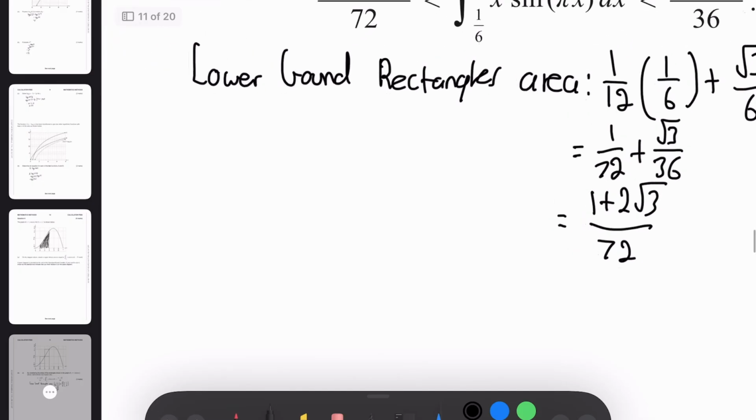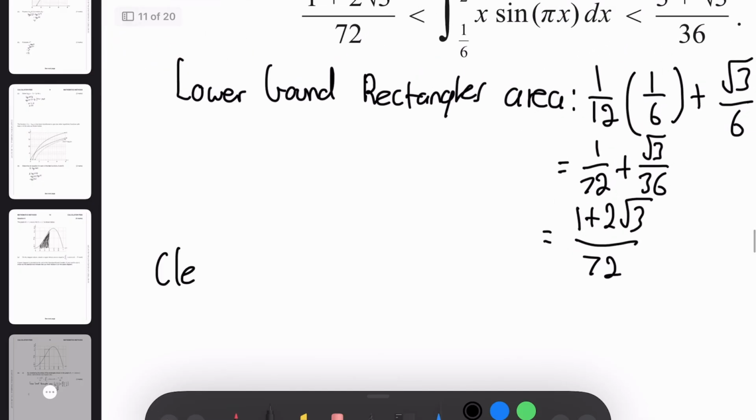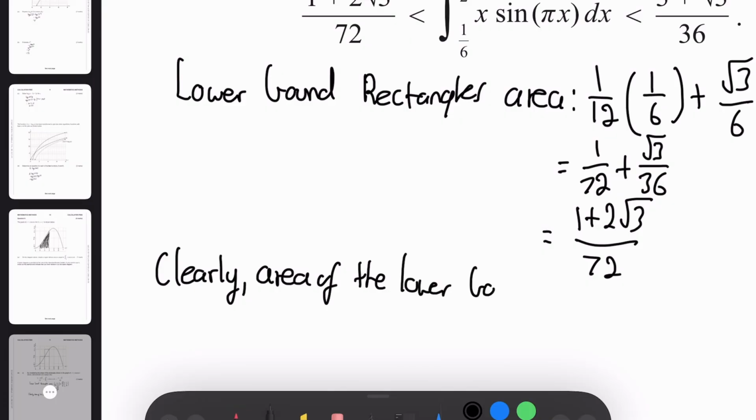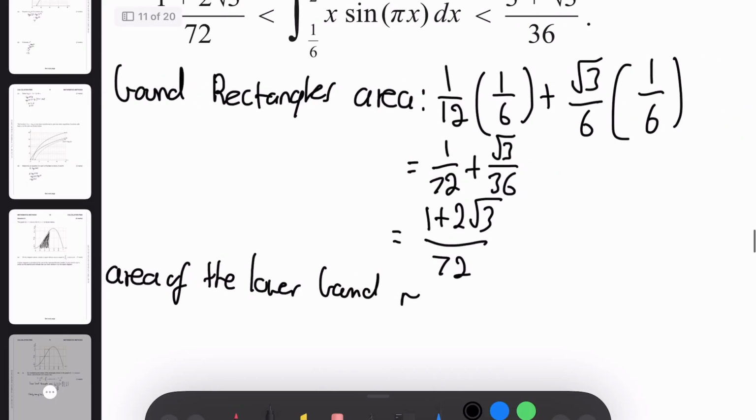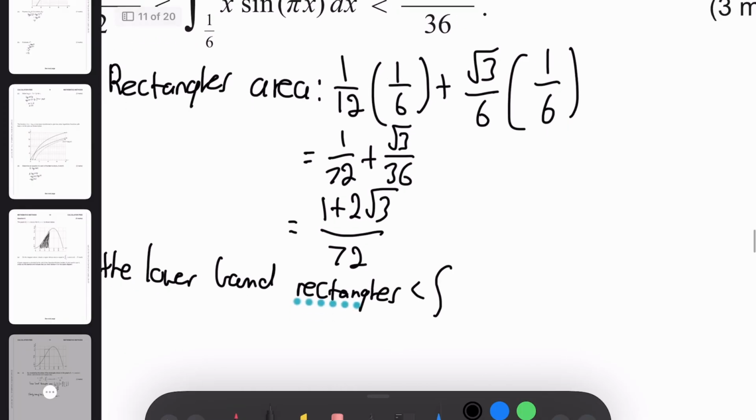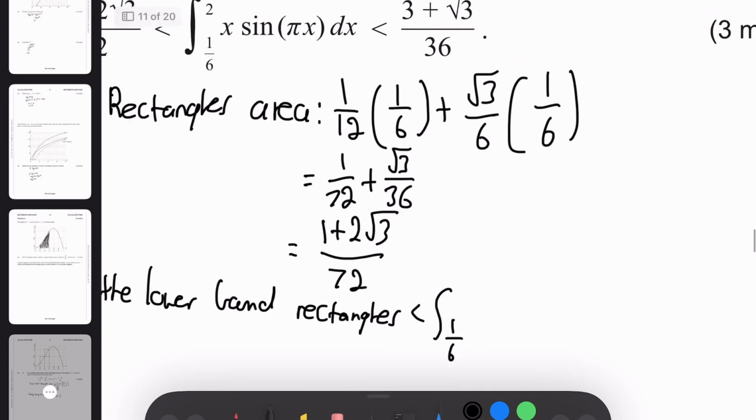Okay, and then clearly the area of the lower bound rectangles is less than the area given by the integral.